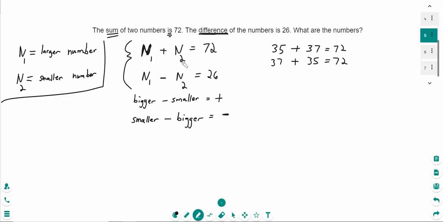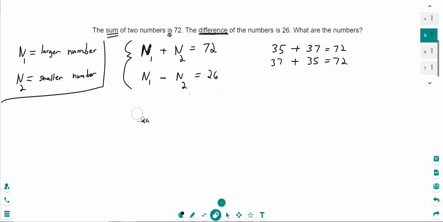And then that way, when I come into the second equation here, the difference between the two numbers, which again is the subtraction of the two, I'm writing the bigger number first. N sub 1, the bigger, minus the smaller, equals 26. Okay? So that's one thing that I probably should have done in the beginning, but I didn't think of it until I saw the second equation, which was stating the difference. Okay? And we want the bigger number first. Hopefully that makes sense to you.